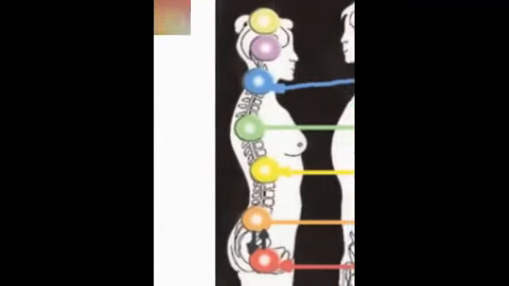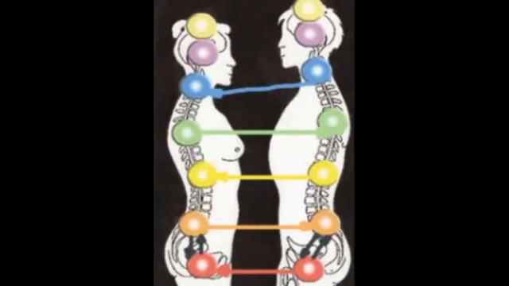On the right side of the slide, I want to explain how the energy comes through the male and female body. Actually, the first chakra of the male body is supposed to feed the first chakra of the female body. Then the second chakra of the female body is supposed to feed the second chakra of the male body. Then the third one of the male feeds the third one of the female. The fourth of the female feeds the fourth of the male.